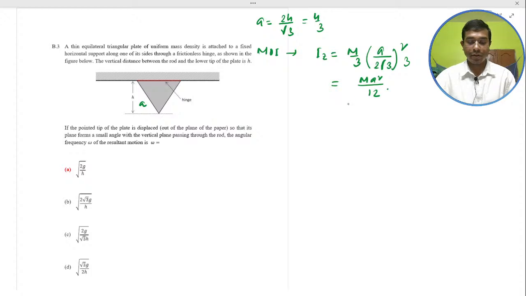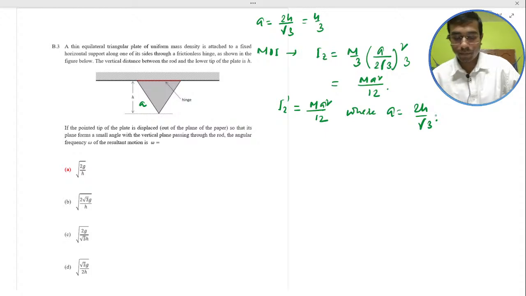The moment of inertia about the center of mass perpendicular to the plane, Iz, is m a square by 12, where a is what? Twice h by root 3.